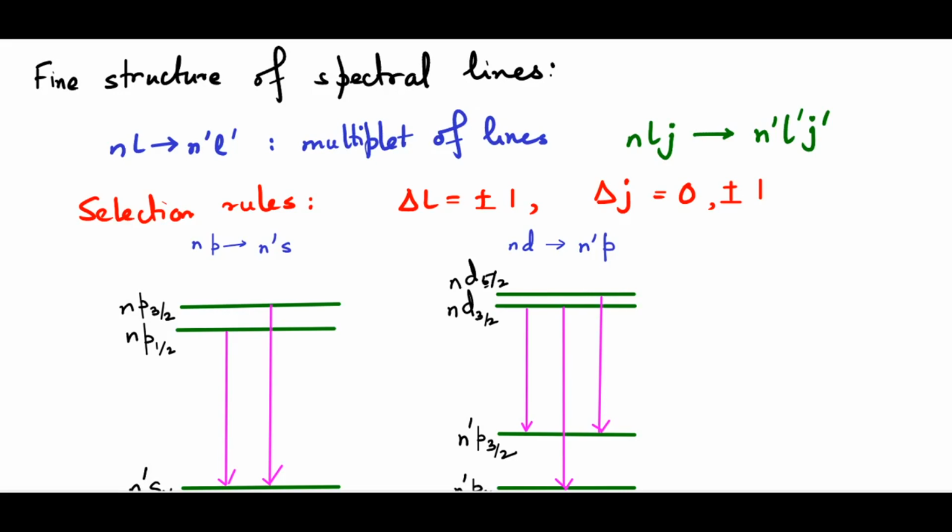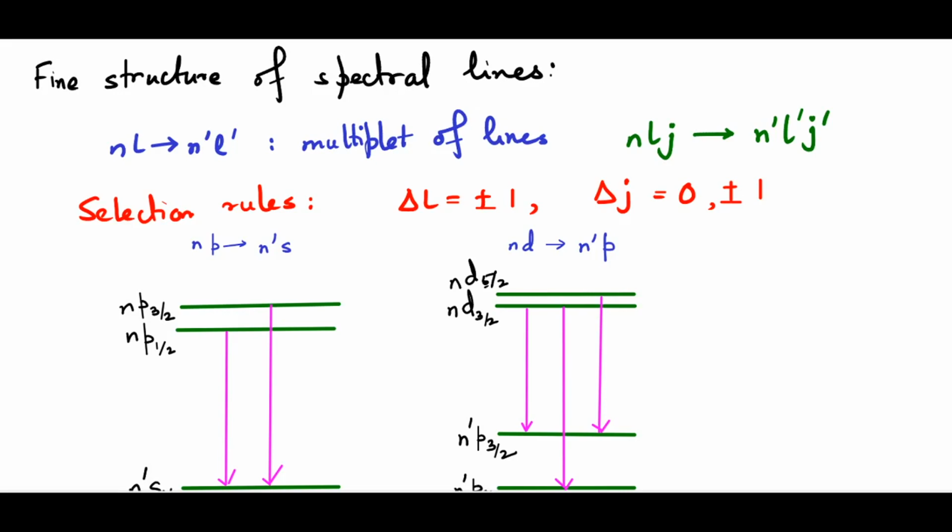So it's not the n value alone which told us which transitions could take place. It was the l which actually controlled the transition. So that is why when we are talking of the transitions, we are talking of nl to n prime l prime transitions. Now, the selection rule delta l equal to plus minus 1 is still in force.